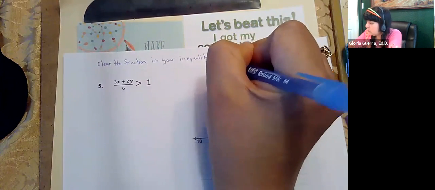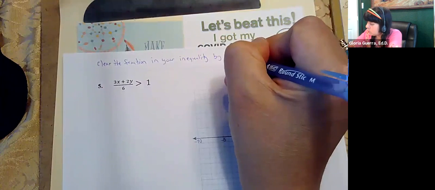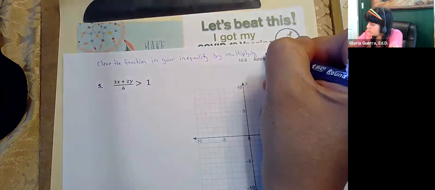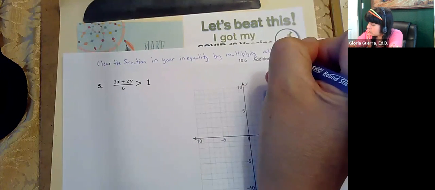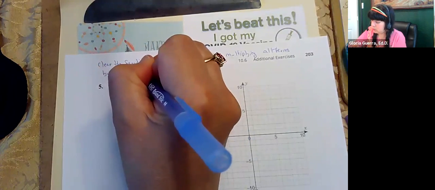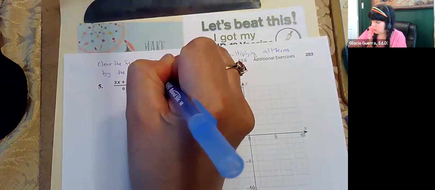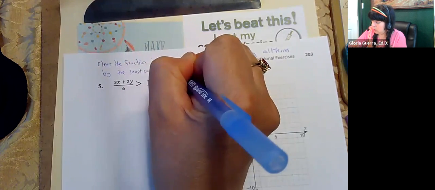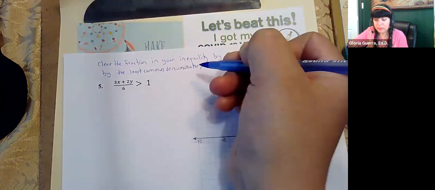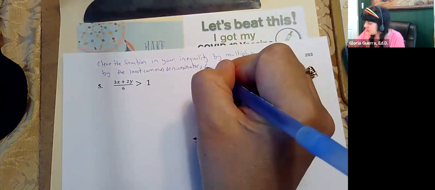And the way you do that is by multiplying all terms by the least common denominator, which we'll say is 6.